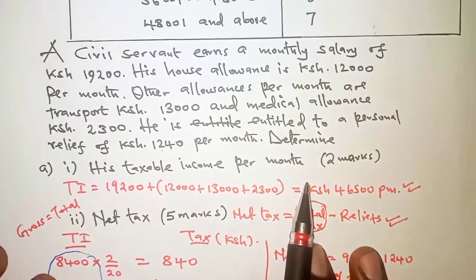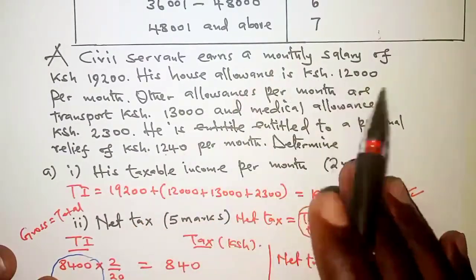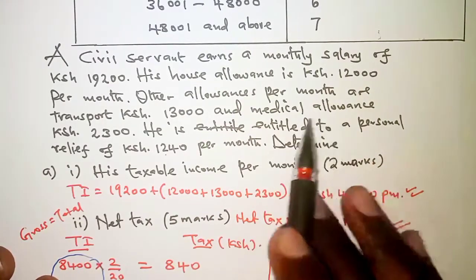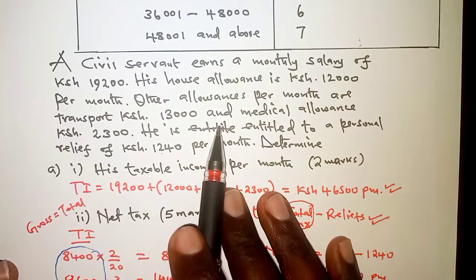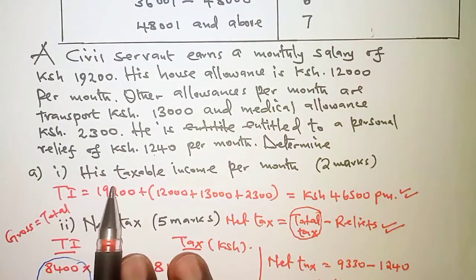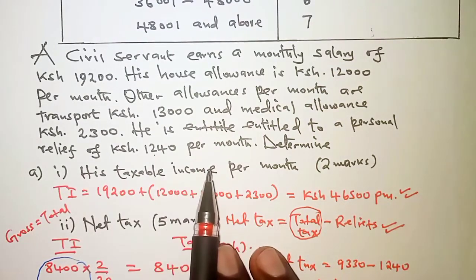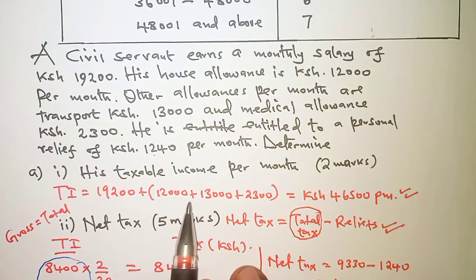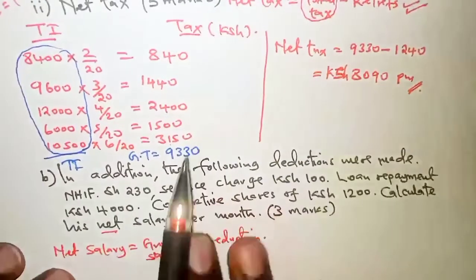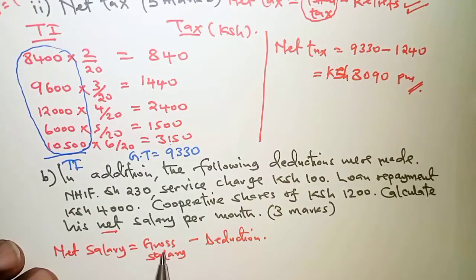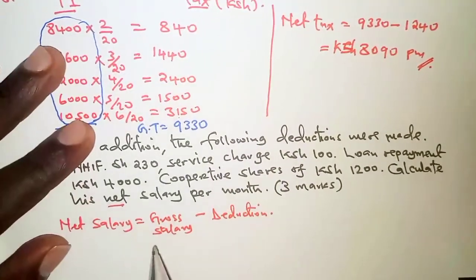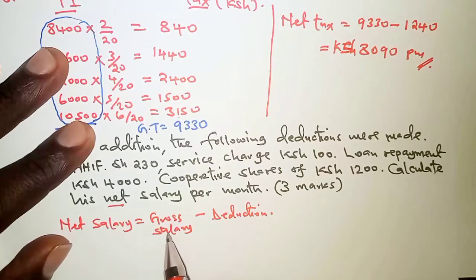That is because in some instances a civil servant can be provided with a house at a nominal rent or even freely, and in such cases we use 15% of the basic salary, which is added to the basic salary, and then we subtract nominal rent. So when we have such a scenario, that taxable income can never be used down here when it comes to calculation of the net salary. It is purely gross salary, and the gross salary will always remain to be basic salary plus allowances.